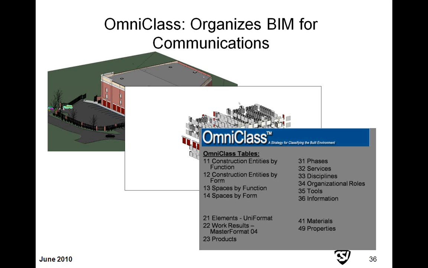You can probably go a lot further with this than most people are going to, but a few of the classifications like work results and maybe elements and products could be really helpful for some object like a product.